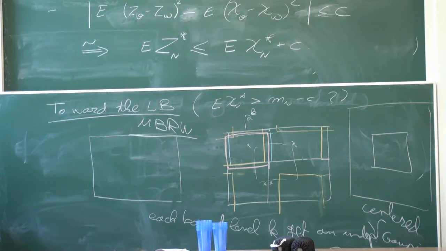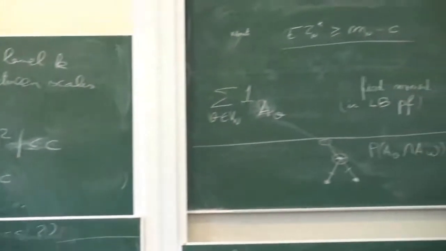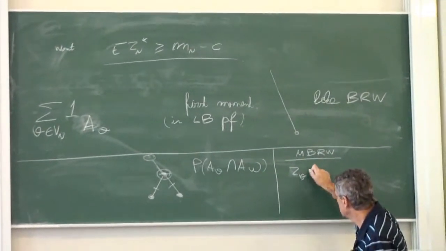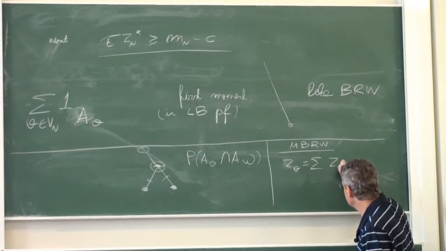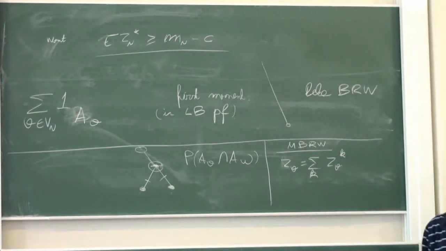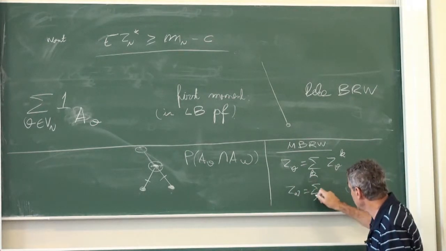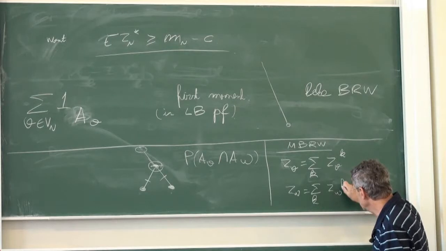that, so let's look at the contribution to V from scale k. So we can write that X, or how did I call the modified one, ZV, is the sum of ZVk, sum over k. So this is a contribution from different scales. And ZW is the sum over k of ZWk.